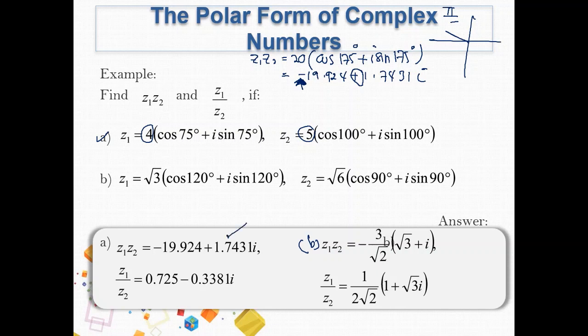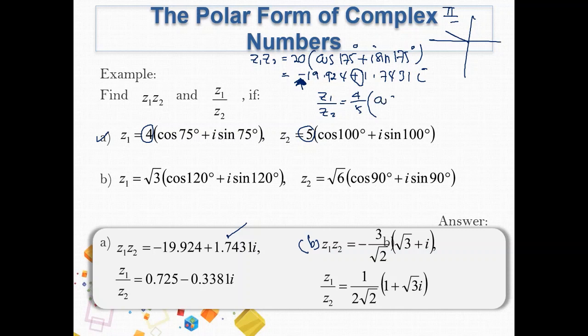For division, if you divide z1 by z2, you will divide the value of r, so it is 4 over 5. For division, you will subtract the angle.